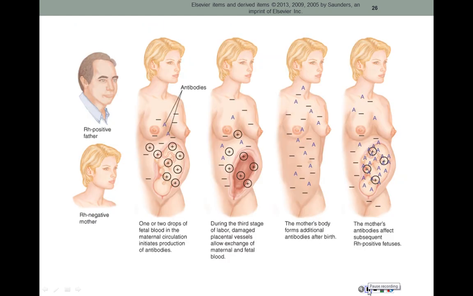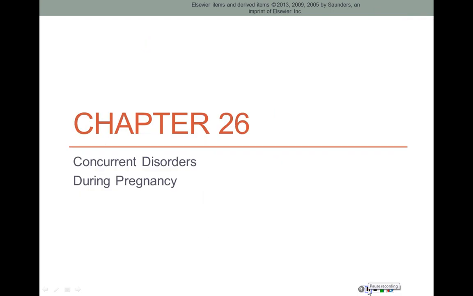And this is just the example from your book that shows what happens when you have an Rh negative mother and an Rh positive father, and what happens through the stages, and then afterwards when she gets pregnant again. Okay, so Chapter 26 talks about diseases and disorders that were present in the female prior to getting pregnant. An example of these is hypertension and diabetes.